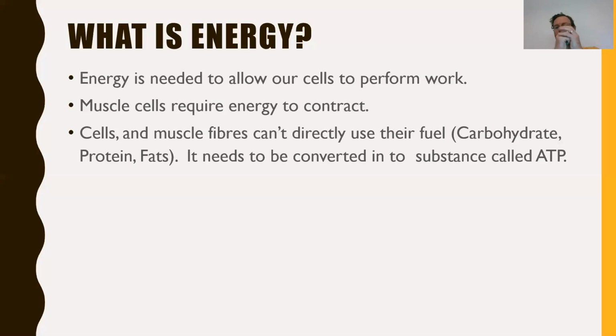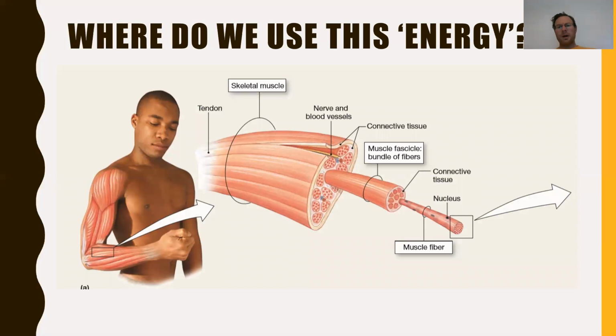To get there, we have to use very specific systems to convert our carbohydrates, proteins, and fats into this substance. So I asked the question, where do we use this energy?